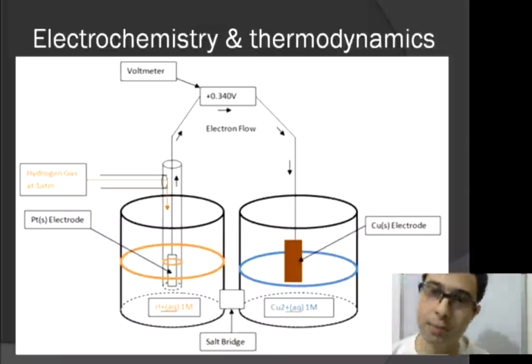And the other half cell, that is here the hydrogen, hydrogen is being evolved as a gas. So H plus electron, and hydrogen emits out of the system, so it's H2.